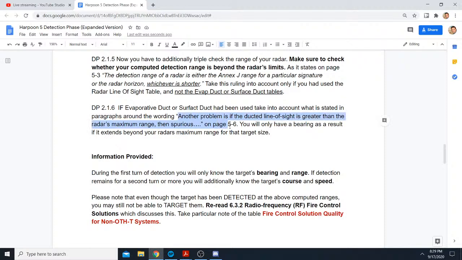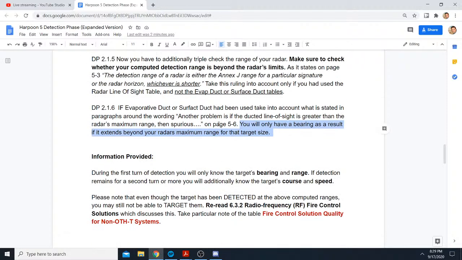Okay. Now, there is a small caveat on page 5-6 that states another problem is if the ducted line of sight is greater than the radar's maximum range, then you get spurious information. And what they mean by that is that you only get the bearing as a result if it extends beyond your radar's maximum range for that target size.